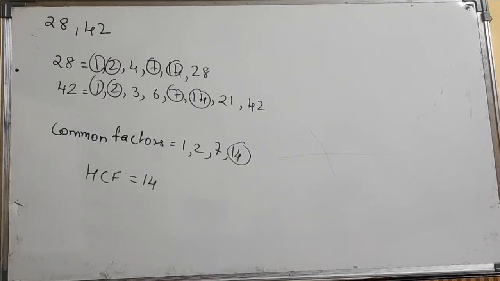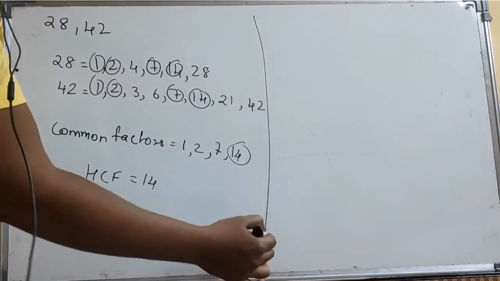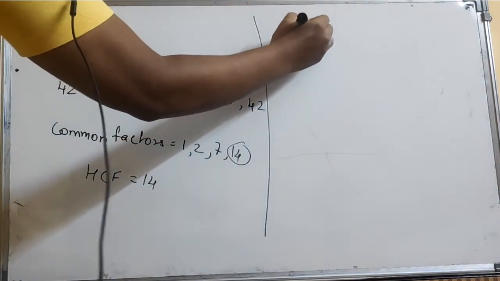This was the method used in the previous standard to find the HCF of any two given numbers. Now in this standard we are going to find the HCF using the prime factor method. Let us see how to find the HCF of these two numbers using the prime factors. So I have got 28.